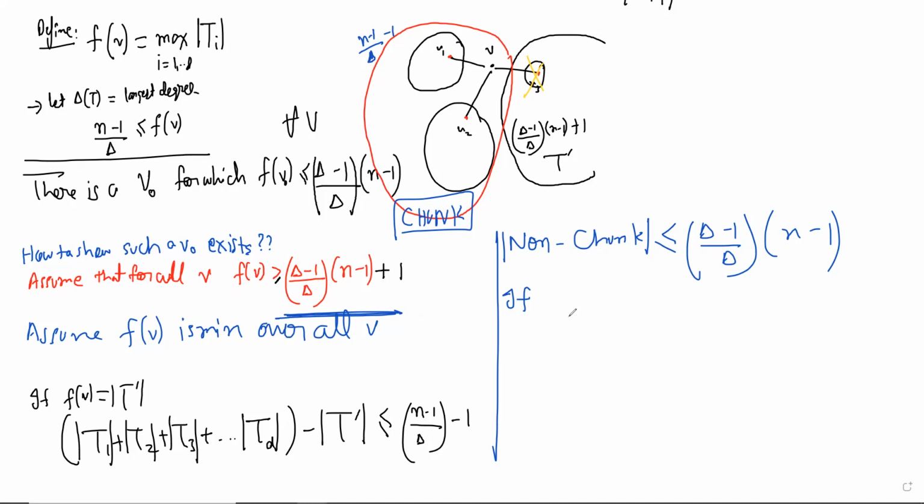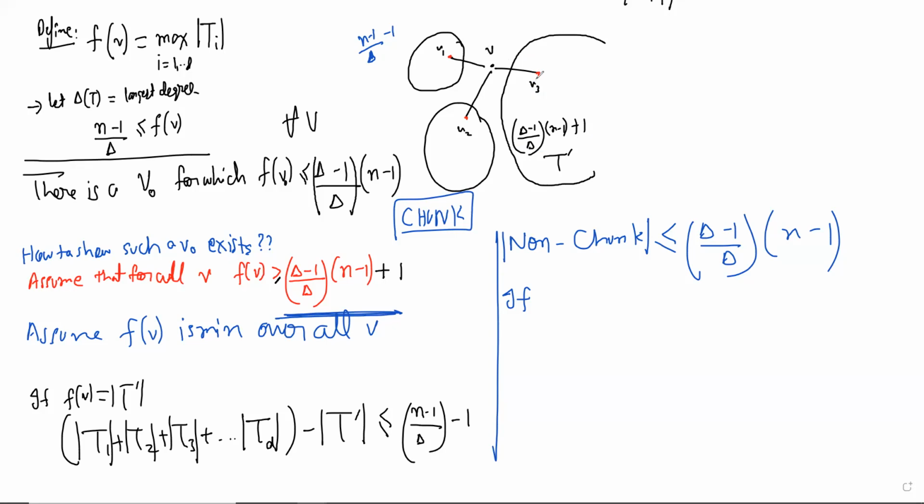Okay, now look at the neighbors of V. One neighbor is V3, and V3 is the neighbor that belongs to this component T prime, for which this FV is at least this. So that's why V3 is special.